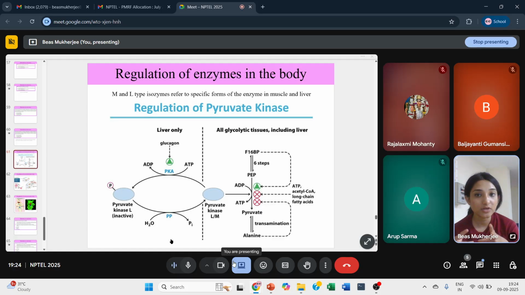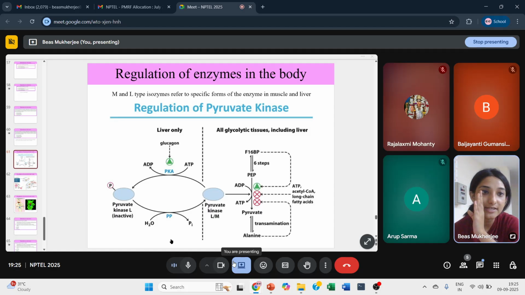Right. So in liver, what is happening, see, it is actually PKA that is involved in converting pyruvate kinase to phosphorylated pyruvate kinase L, right? And using ATP, this is being done. And in other glycolytic tissues, including liver, this other reaction is happening where pyruvate kinase is used up for glycolysis and pyruvate is formed, and pyruvate is helping in transamination, formation of alanine, etc. Right?